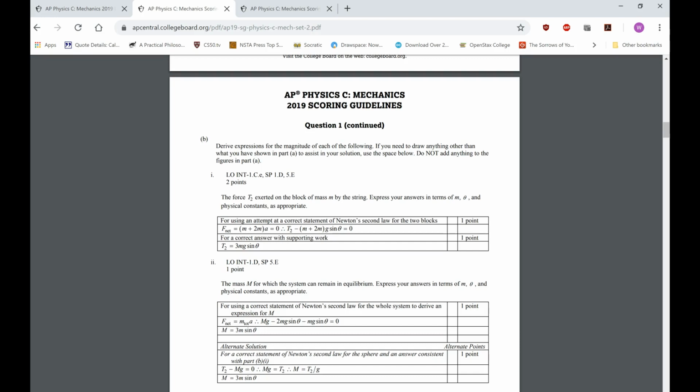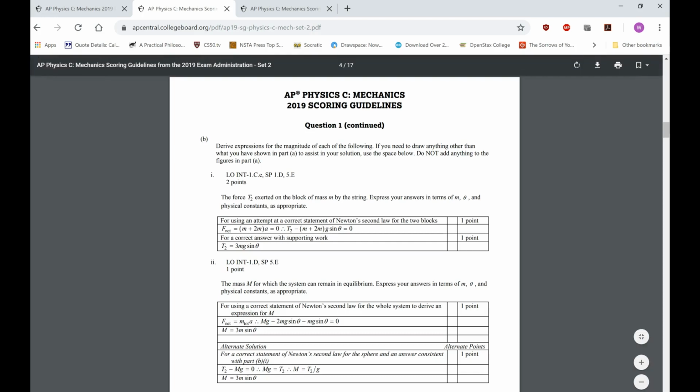And so T2 is supporting the weight of M plus 2M times g sine theta equals 0 for a correct answer with supporting work. I find that as the AP program has evolved, they leave things more open-ended because there are so many different ways that problems can be solved. Basically, if you tried to set up a force equation, you get a point, even if it's wrong. To get the second point, it must be right.